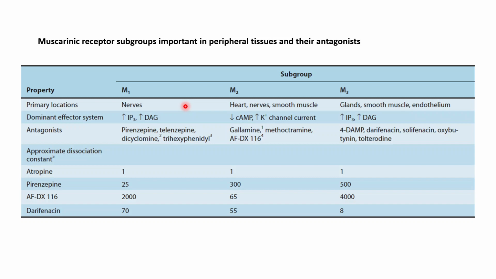In toxic doses, scopolamine can lead to excitement, agitation, hallucinations, and coma, and subsequently death.